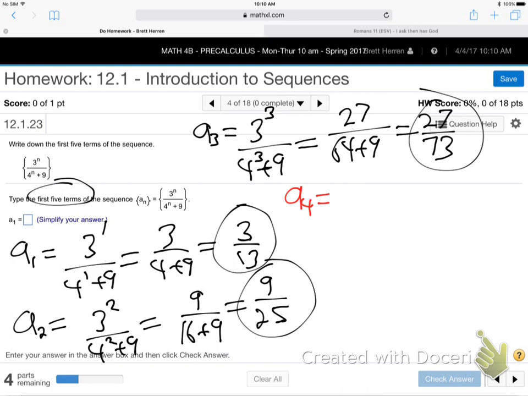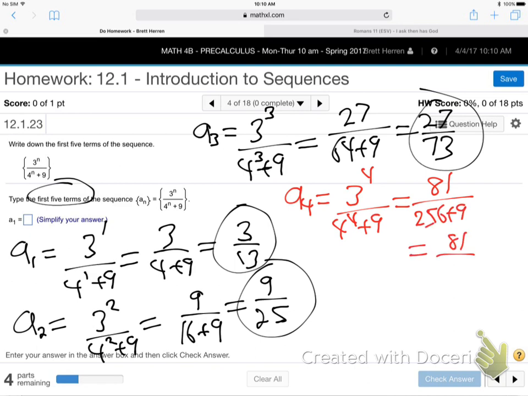So a sub 4 would be 3 to the 4th power over 4 to the 4th power plus 9. They're getting big here. It was 81 over 256 plus 9. So what's that? 81 over 265. I think, right? 265, yeah, right? And then one more.